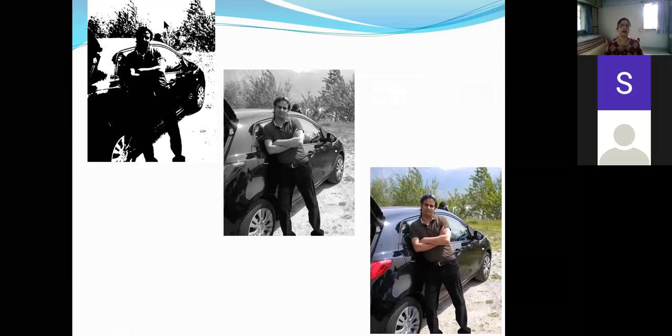So there are three main types of images, as you can observe in this picture. The first one is the binary image. How many bits are used to represent each pixel? Please type your answer.